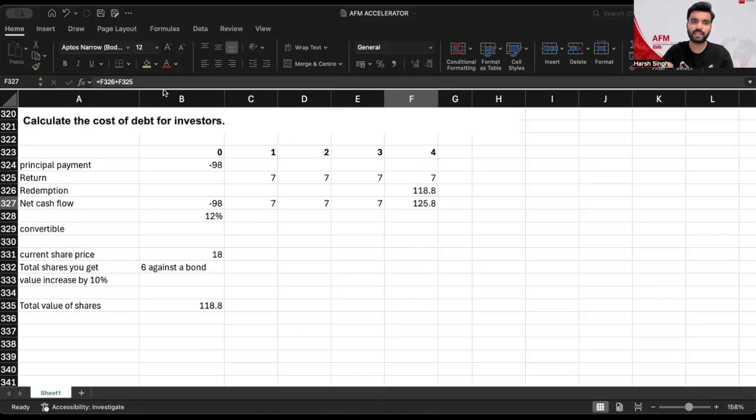Now there is one more thing that we have to talk about before we actually move forward. That is your semi-annual interest payment. In these kind of things, you have to find out the effective annual cost.